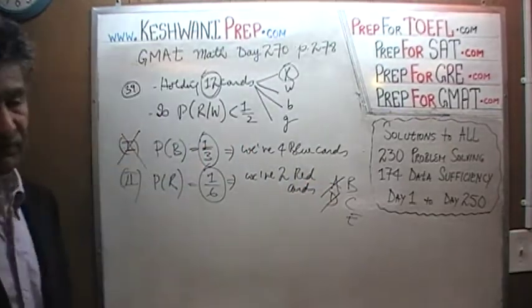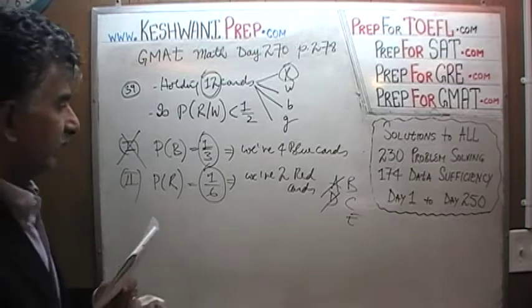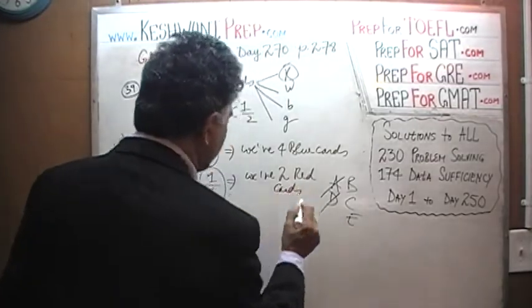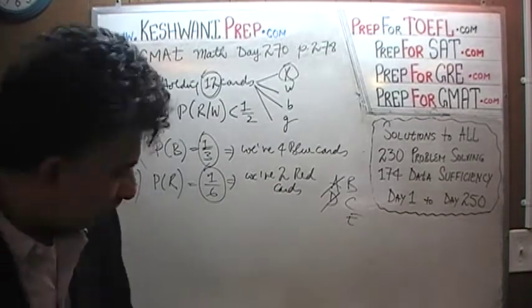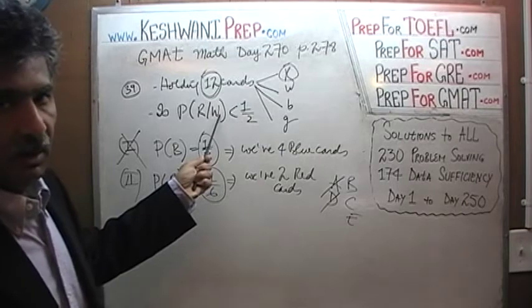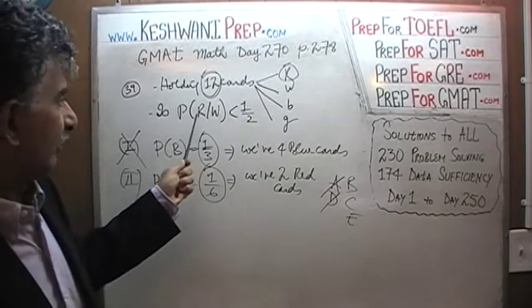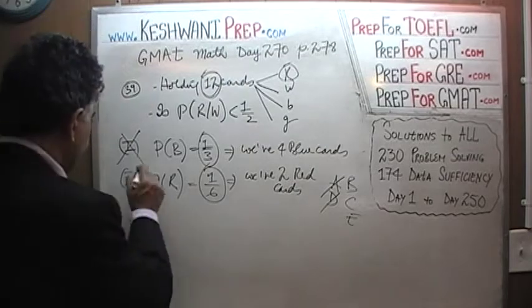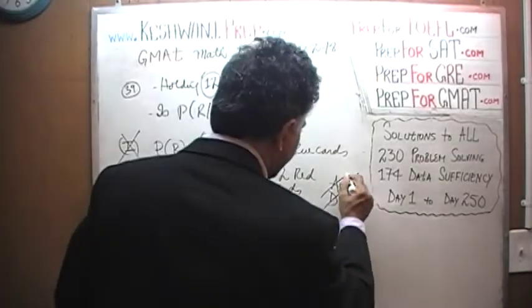Again, that by itself does not do the job. Knowing that there are 2 red cards is not going to answer the question, are the odds less than 50% of picking either a red or a white one? The second statement by itself is also no good, which means the answer cannot be B.